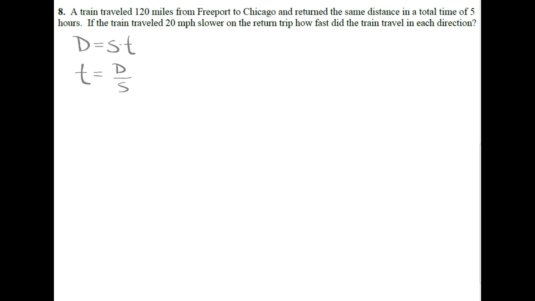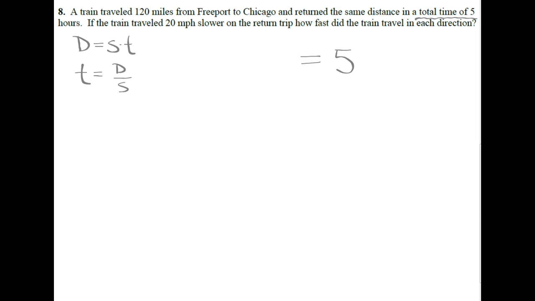So if a train has traveled 120 miles from Freeport to Chicago and returned the same distance in a total of 5 hours. So this part right here where it says in a total of 5 hours, that's telling me that we're going to be talking about time in this particular problem. And when I see a total time of 5 hours, I like to think that the sum of something is going to equal 5.